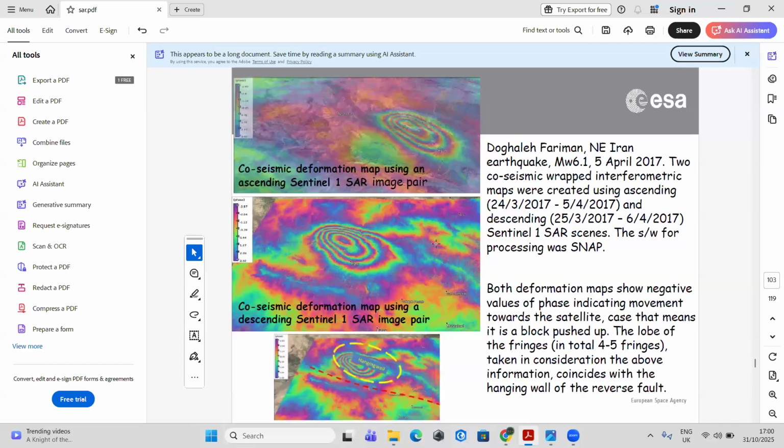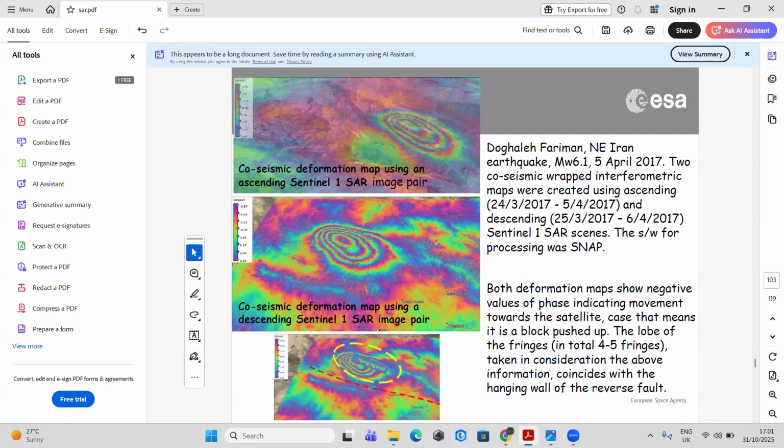Earthquakes. If there is a landslide or earthquake, there is movement of the ground. Using the data of timelines, maybe today the satellite went from there and recorded its SAR imagery, and tonight the earthquake or landslide happened, and tomorrow when the satellite came again, it took a SAR imagery.